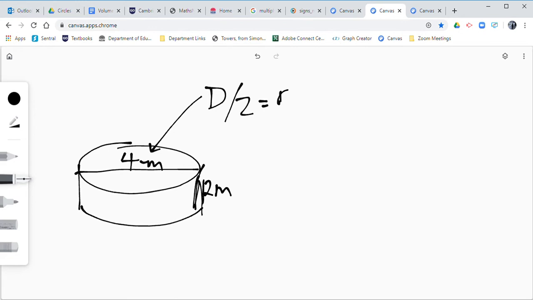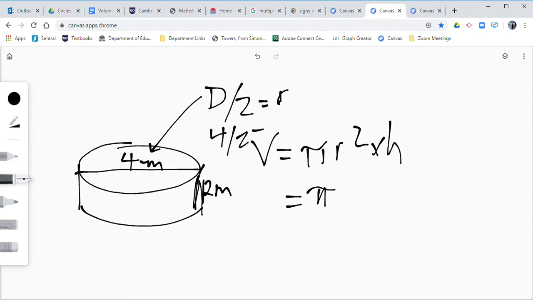So again, volume equals pi r squared times height. The radius is 4 divided by 2, which is 2.